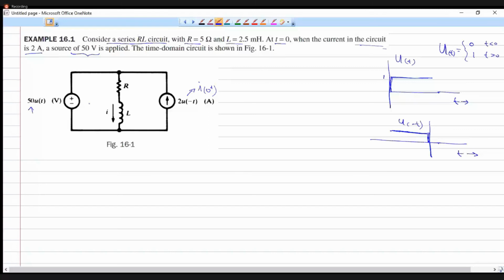Now we have to draw the circuit in the Laplace domain. How can we draw it? We have already seen how we can replace a resistor.